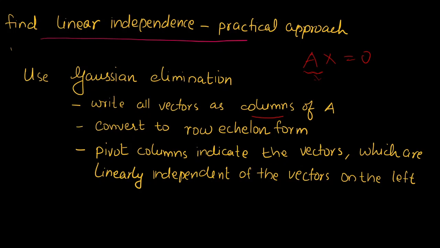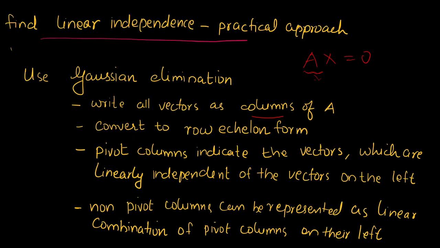Then the pivot columns indicate the vectors which are linearly independent of the vectors on the left. Okay, the columns which contain pivot elements represent linearly independent vectors. And non-pivot columns can be represented as a linear combination of the pivot columns on their left.